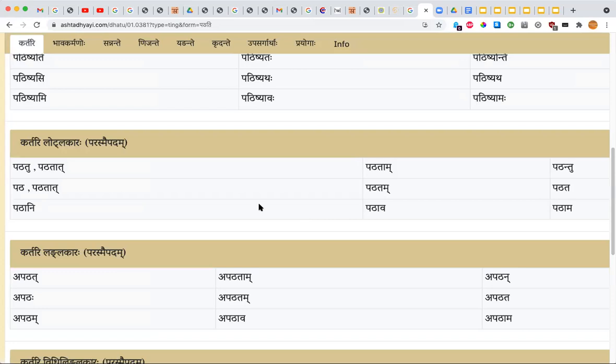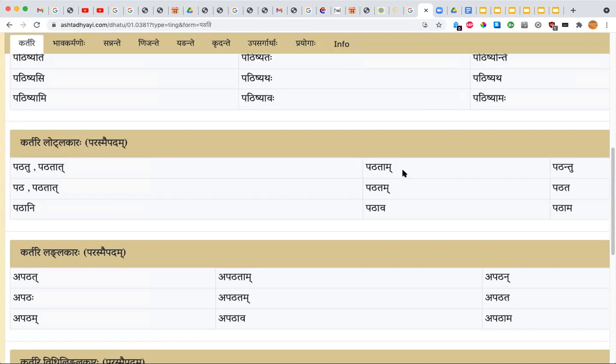Astu. Anantara, Dhanyavad. Uttama Purusha, same thing: Aham Patani, Avam Patava, Vayam Patama. May I read or let me read?